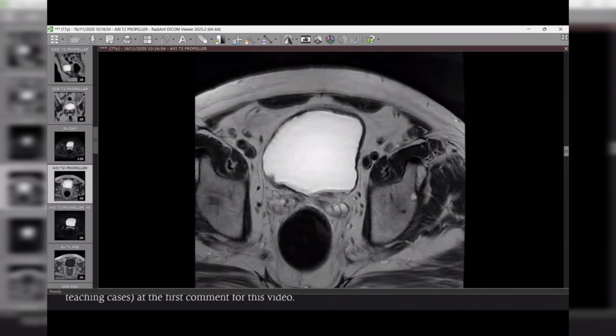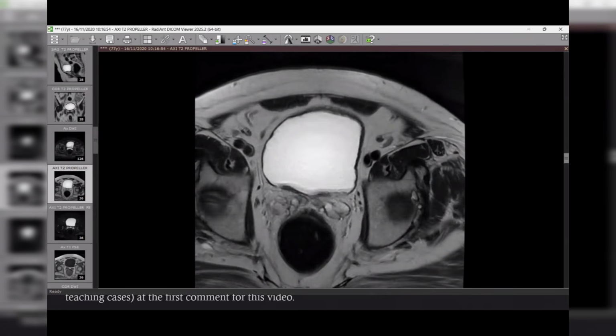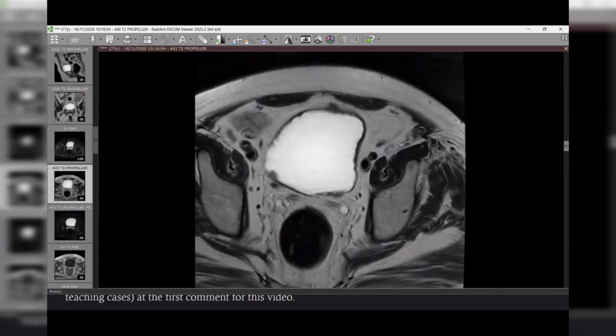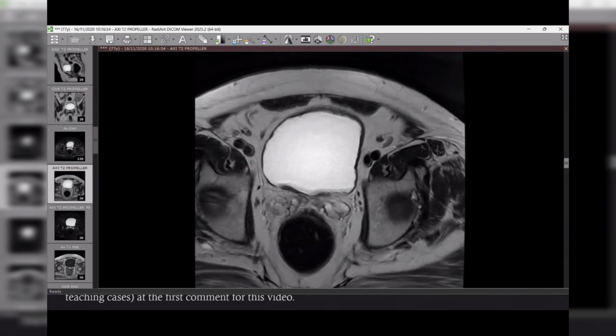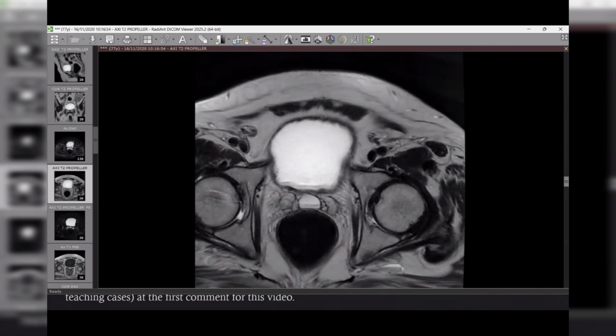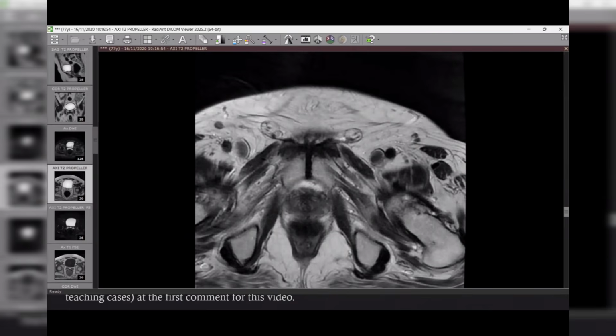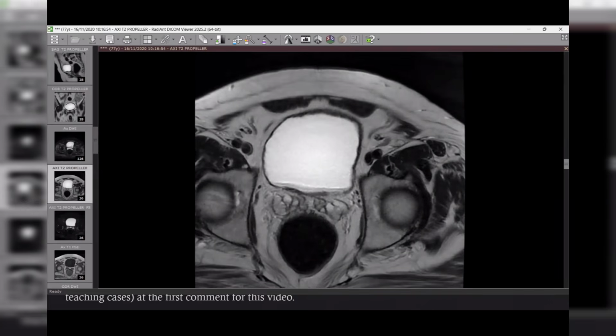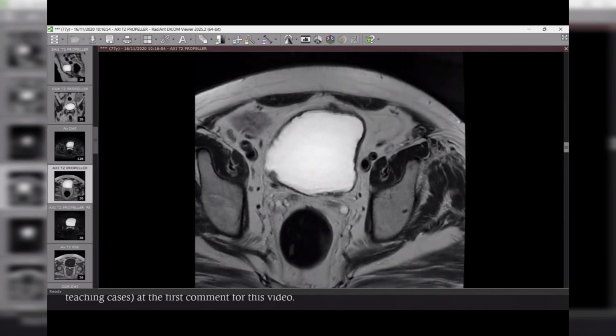However, there is no dilatation of the right ureter. Very nice. I can appreciate that the T2 hypointense muscular wall of the urinary bladder is preserved throughout the urinary bladder.